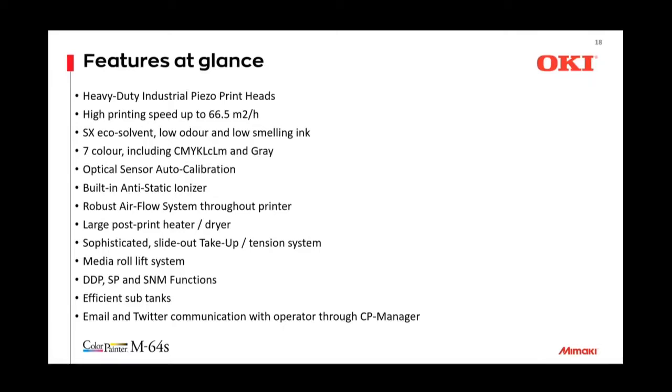Optical sensor for auto calibration, we'll go over that. Anti-static ionizer. We've got an airflow system, post preheating system, also good tension and take-up mechanism. We'll go over the lift system on those as well.